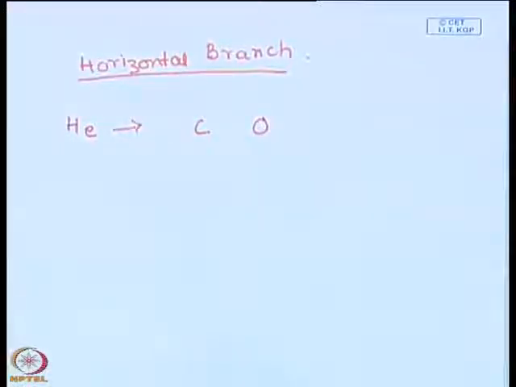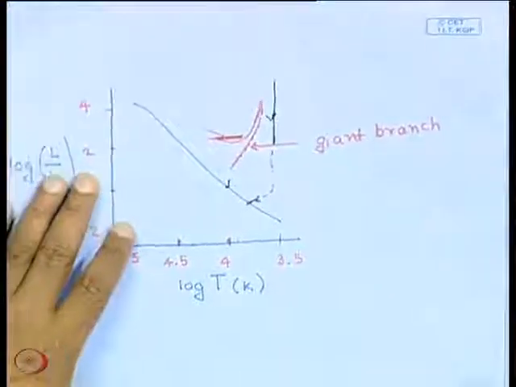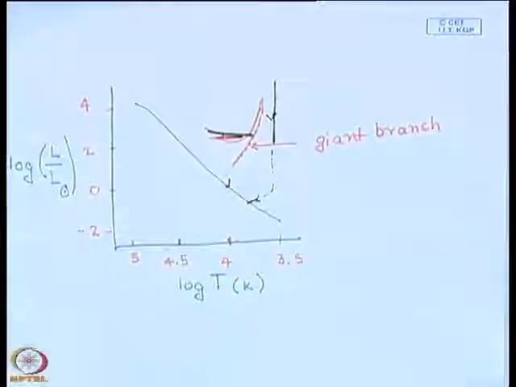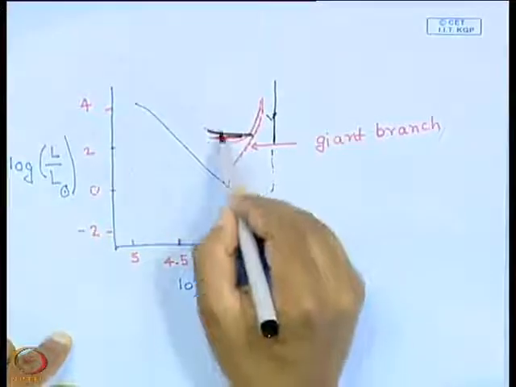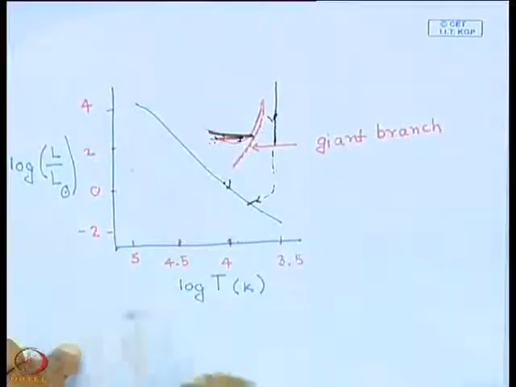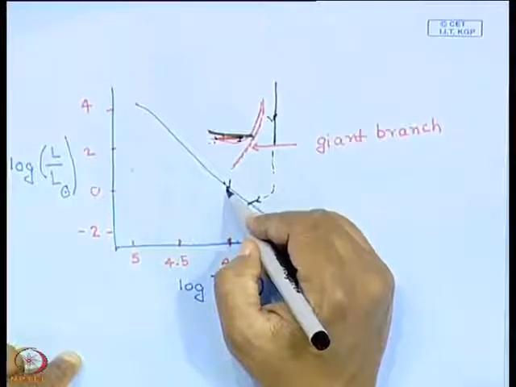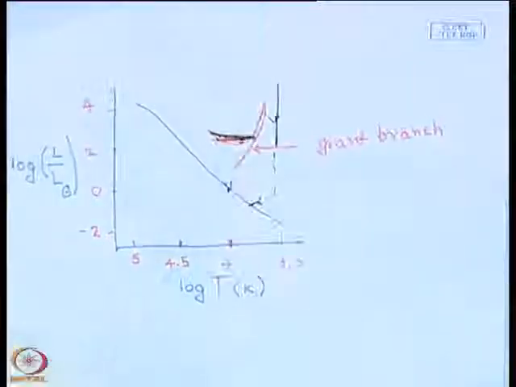Here you again have a stable situation. It is called the horizontal branch, something like this, and there is a spread. If I start with the solar mass, there is a spread over here. If I take two stars of the same mass and start from here, they will not lie at exactly the same point in the horizontal branch.